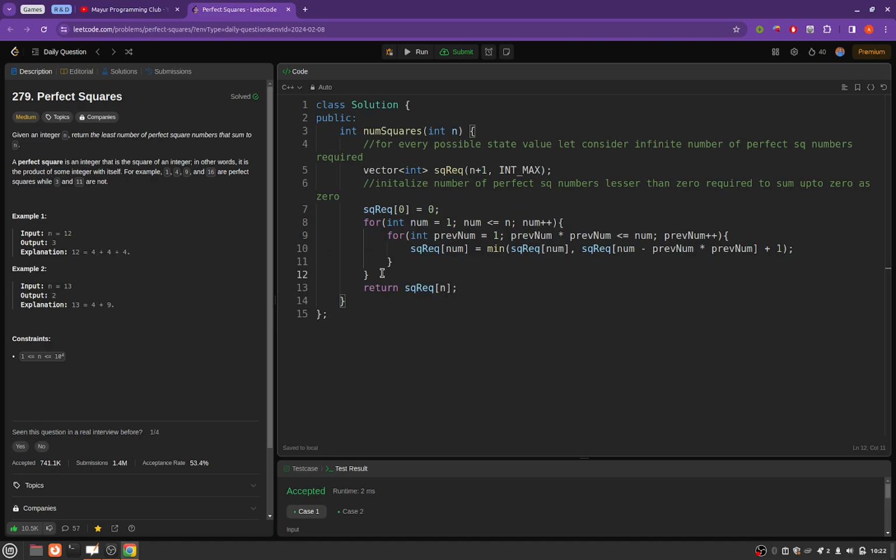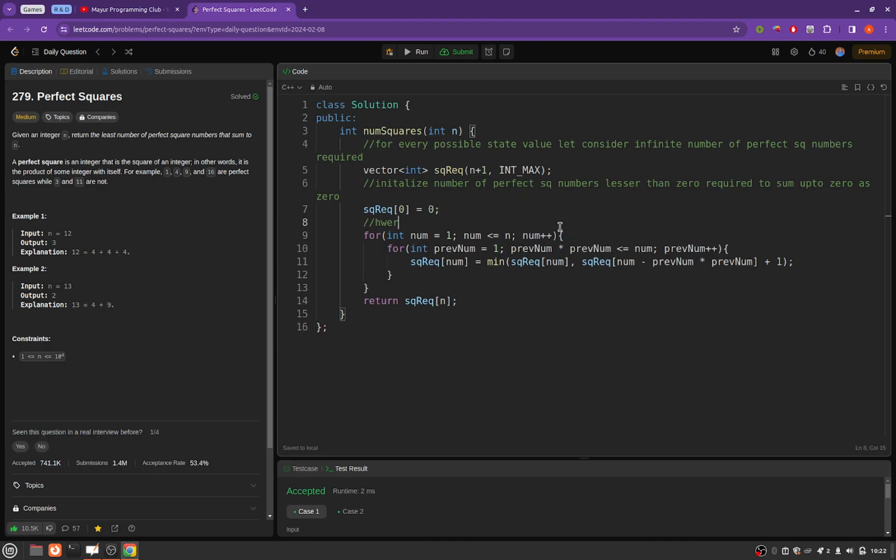Okay, so after that, for every state possible, you will be taking contributions from the previous states, and you will be taking minimum of those contributions and adding 1 to them. Here state is nothing but current value of target, or say n. Okay, it will be ranging from 1 to n. So for current number, what would have been your previous number?